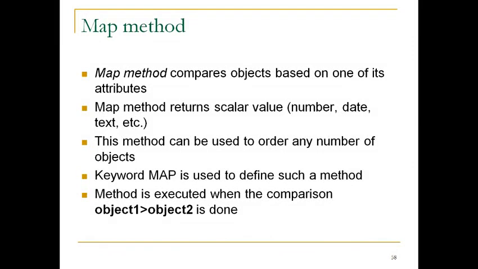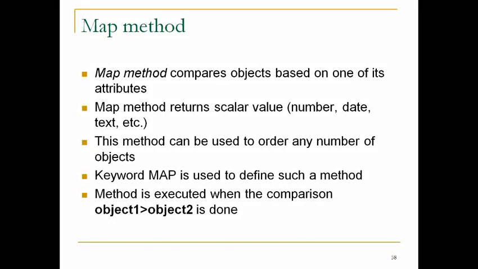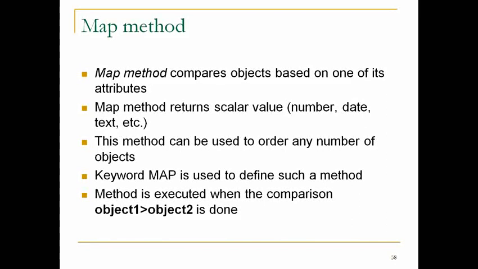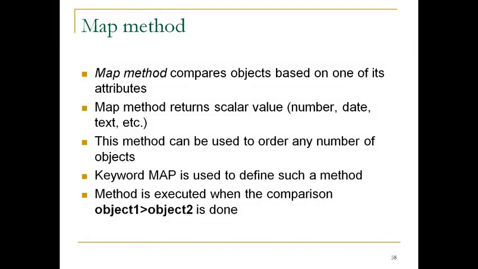So, about map methods. Map methods compare objects based on some of their attributes. We can compare some attributes and give an answer which object is mapped to what value. This method will return a number or some other value, for example a date, denoting how good this object is.